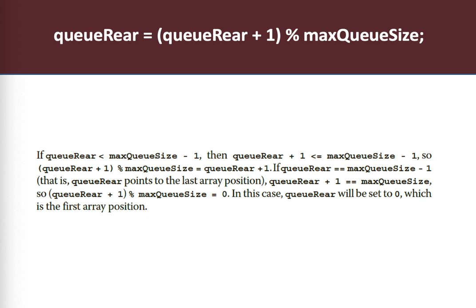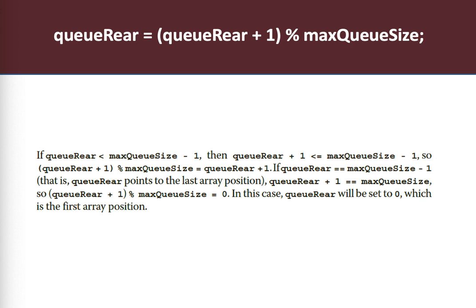Because the array containing the queue is circular, we can use the following statement to advance queueRear or queueFront to the next array position: queueRear = (queueRear + 1) % maxQueueSize. If queueRear is less than maxQueueSize minus 1, then queueRear plus 1 is less than or equal to maxQueueSize minus 1, so (queueRear + 1) % maxQueueSize equals queueRear plus 1.